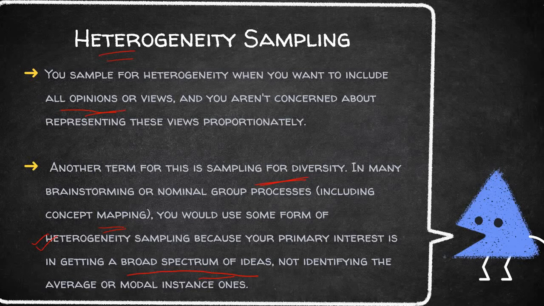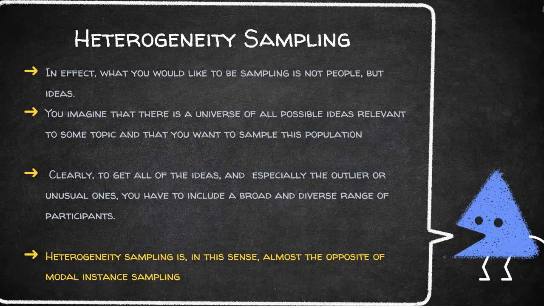We are paying attention to diversity, that is, how diverse a population is. What it translates to, in a way, is that you are not interested in sampling people, rather ideas are your main concern. So if you wish to have a different set of ideas or a broad spectrum of ideas, you should go ahead with heterogeneity sampling.